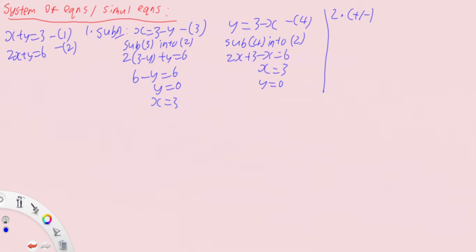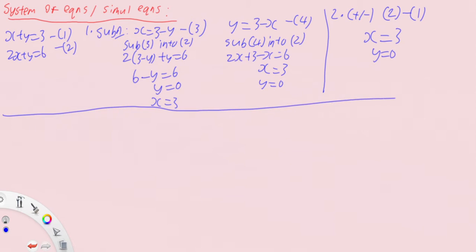So instead of the substitution method, this method is actually faster for this pair of simultaneous equations, which is to take equation 2 minus equation 1. When you take one equation minus another, the left minus the left, the right minus the right. On the left, we have 2x plus y minus x minus y to give us x. On the right, we have 6 minus 3 to give us 3. Then we get x equals to 3, and we then have y equals to 0.